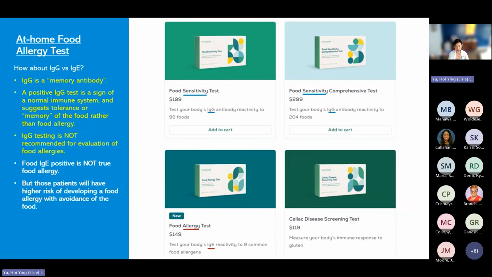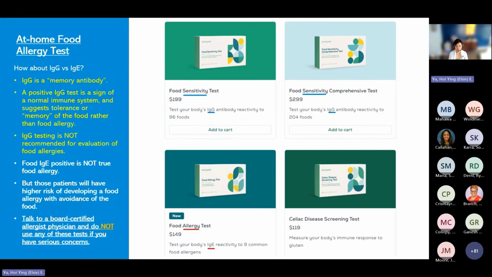In fact, when I talked to board-certified allergists, they said that patients who have a positive IgE test have a higher risk of developing an actual food allergy if they stop eating the food. So it is actually pretty convoluted, and this is one of the tests that is often misused even by our primary care physicians.